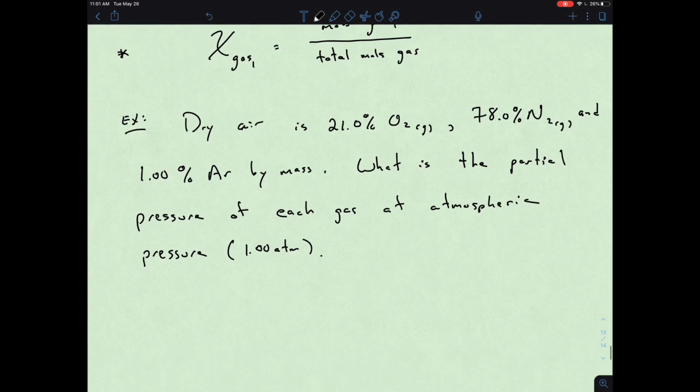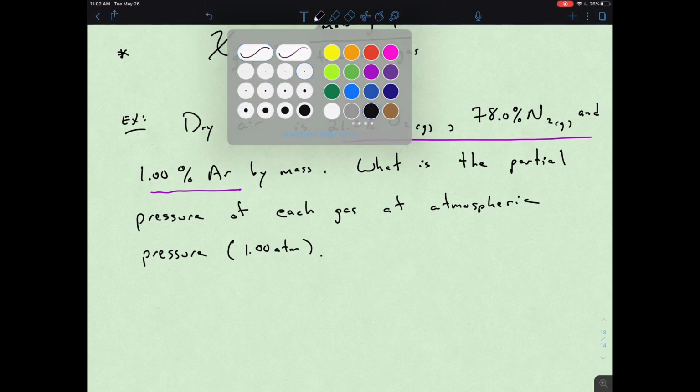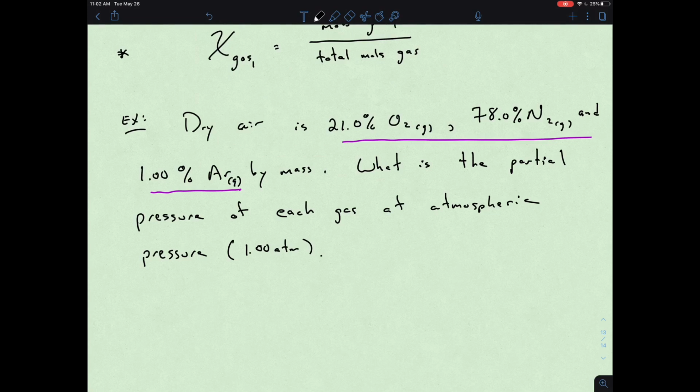So here we have a mixture of gases. We should be thinking about this idea that I can determine the partial pressure of a gas if I know its mole fraction and if I know the total pressure within the system.